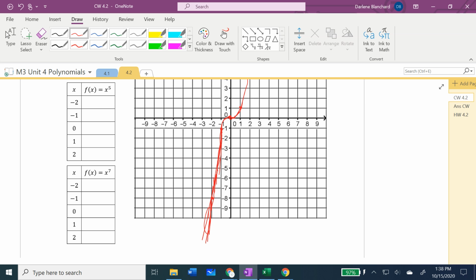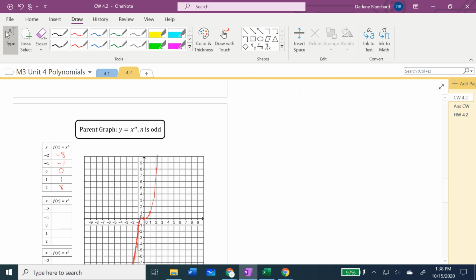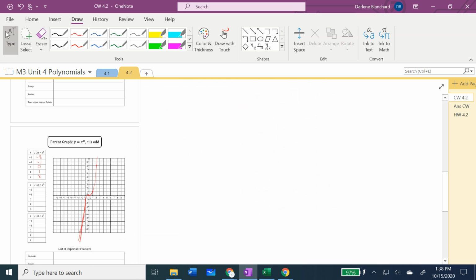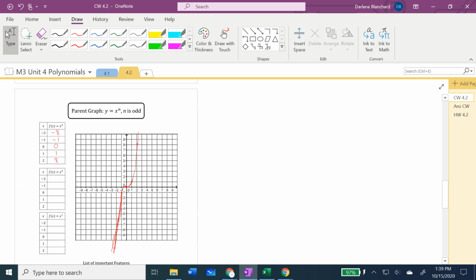Then x to the 5th, do you think it is going to look similar? Where are we? We are at x to the n where n is odd. And so I'm looking at graphing x cubed, x to the 5th, x to the 7th.